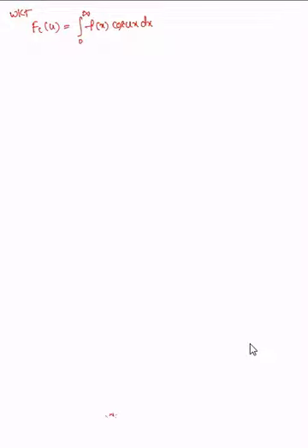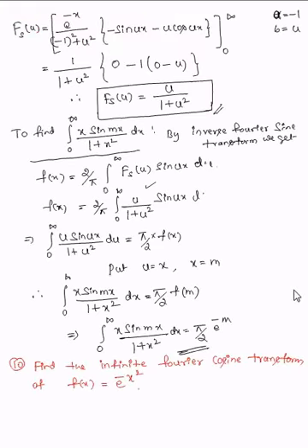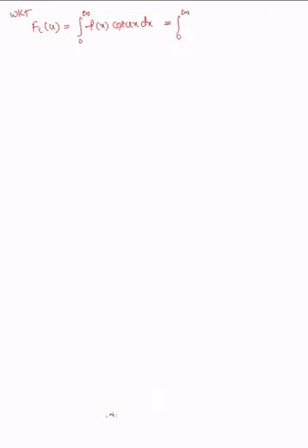Now f of x in the problem is e power minus x square. I'll substitute that, so it is the integral from 0 to infinity of e power minus x square into cos ux dx. If I integrate this, we get the Fourier cosine transform.